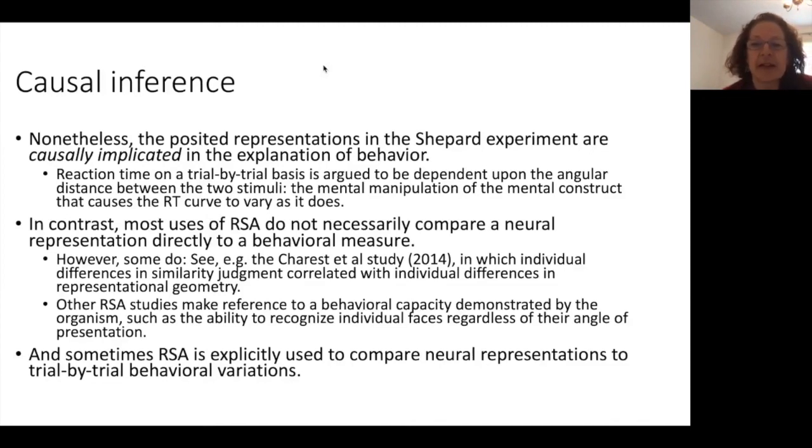So there is evidence that you can do a similar kind of Shepard-like experiment using RSA. Other ones at least make reference to behavioral capacities that are demonstrated by the subjects. But many of them just look at structural similarities across two things without any reference to individual behavior. So it's possible for RSA to be used in the way that the Shepard experiment has been, although it's often not used that way.